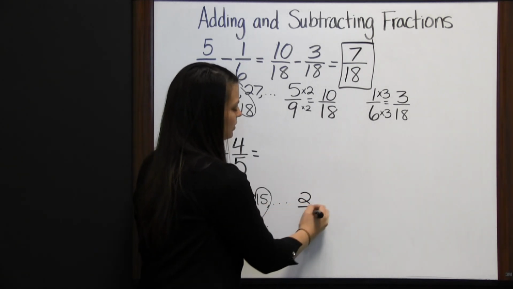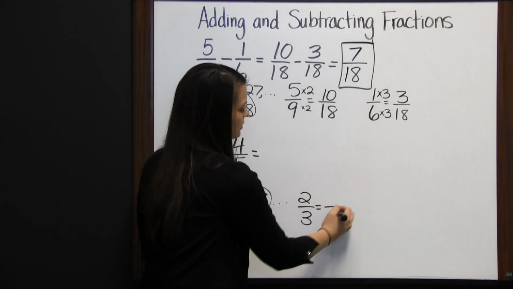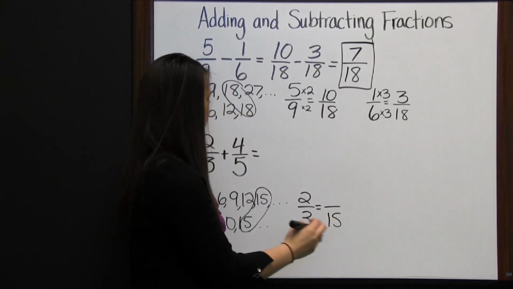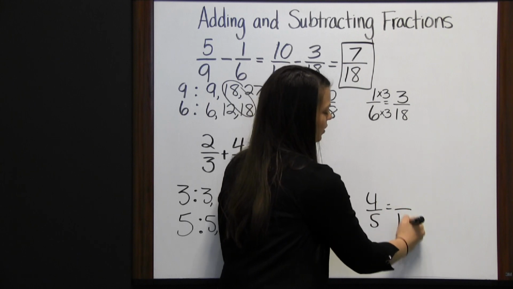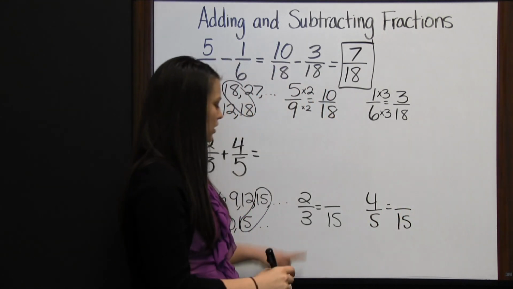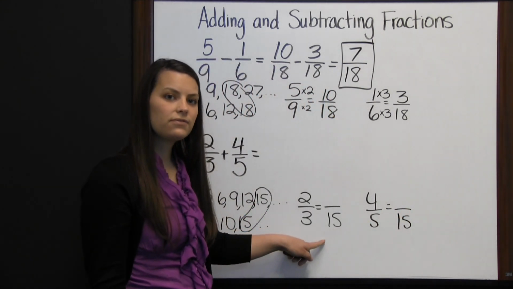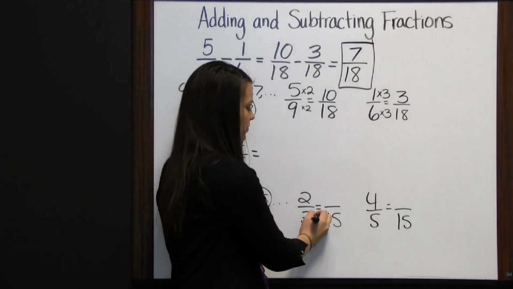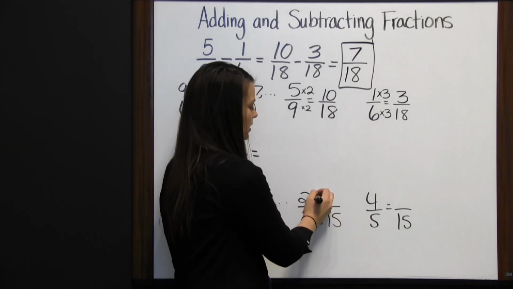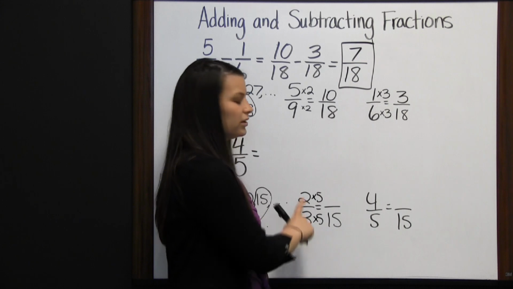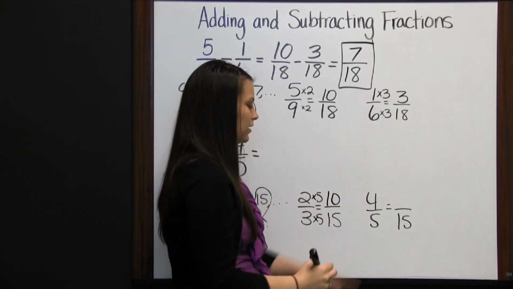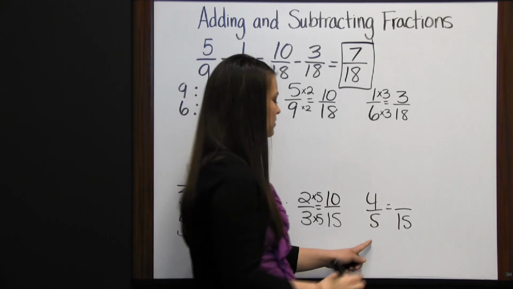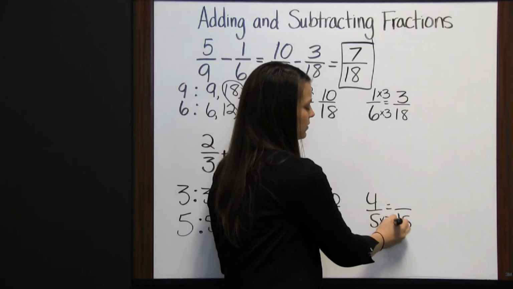2/3 equals something over 15. And 4/5 equals something over 15. So to get from 3 to 15, we have to multiply times 5. So we need to do the same to our numerator. 2 times 5 is 10. 5 to 15, we have to multiply 5 times 3.